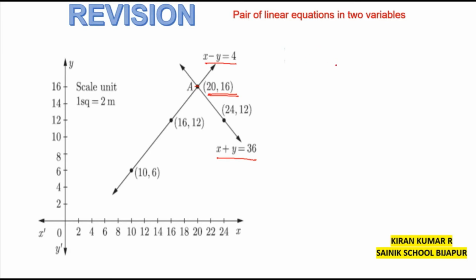Therefore, I can conclude that x value is 20 and y value is 16. x is nothing but the length of the garden and y is nothing but the width of the garden.